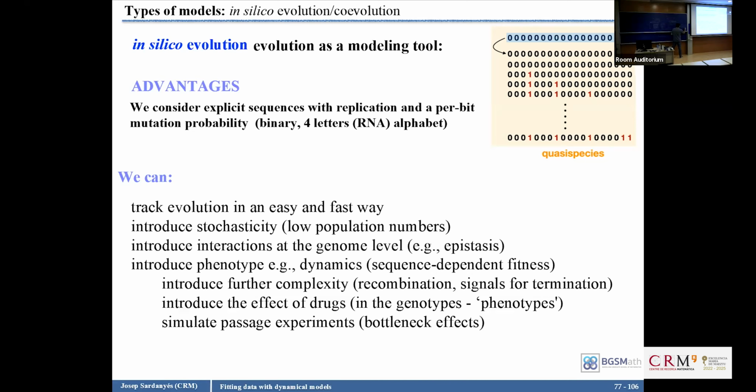Then I have another mutation in another place, and this genome has a fitness of 1/2. So what happens if I have this genome with both mutations? What is the fitness?